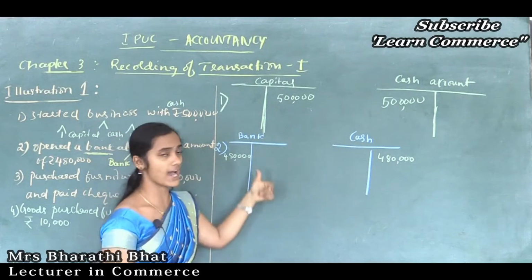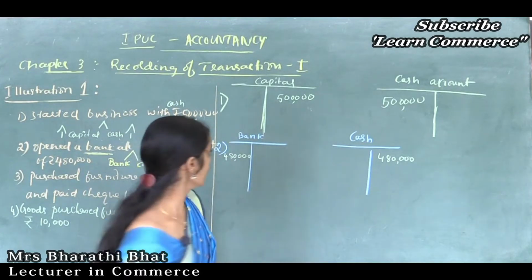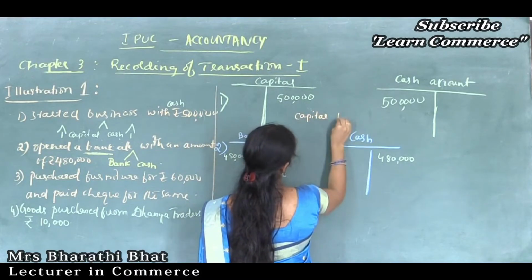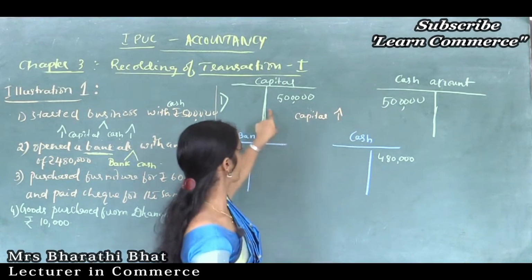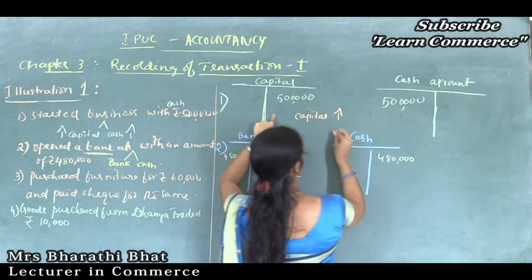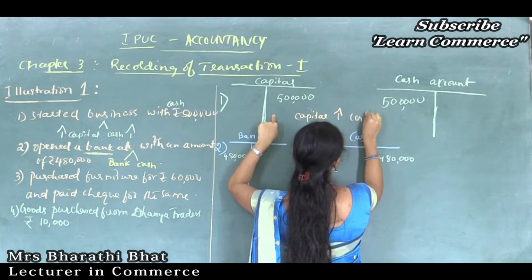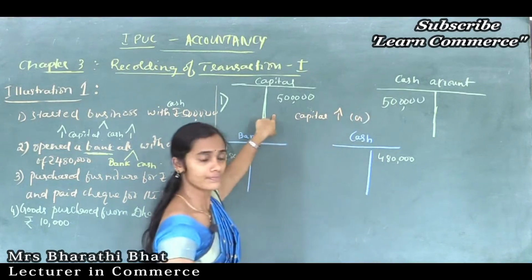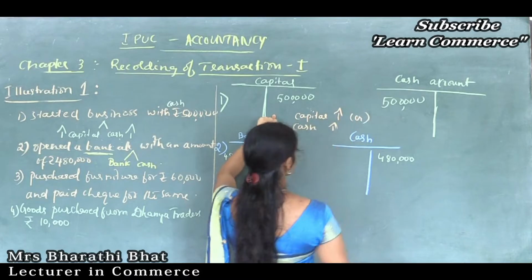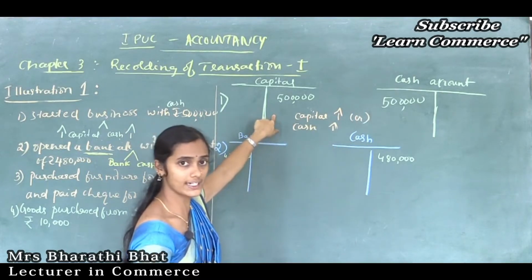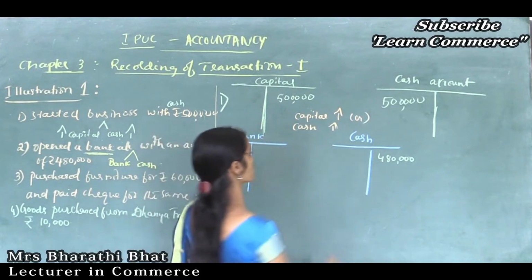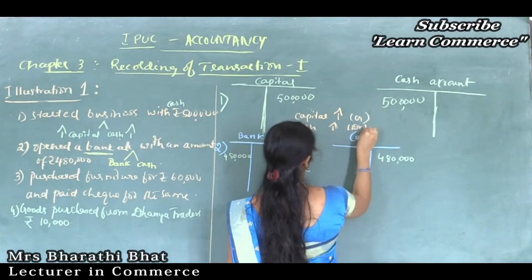These both are assets only. See here, in the first transaction, capital increases, and increase in capital is to be credited, and cash increases; according to the rule of asset, increase in asset is to be debited.